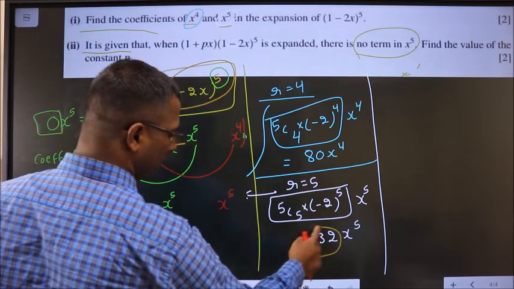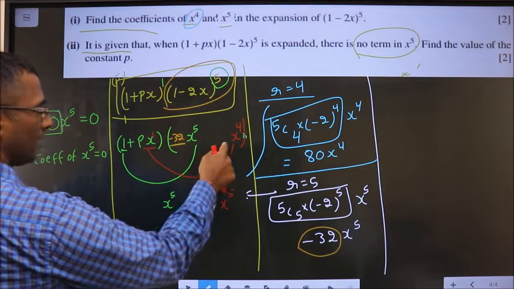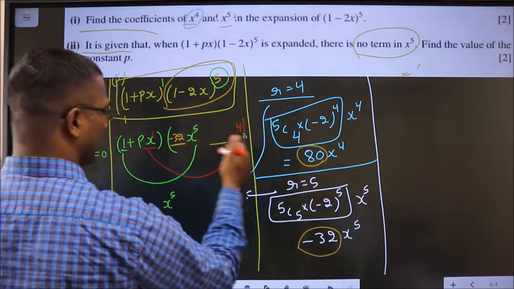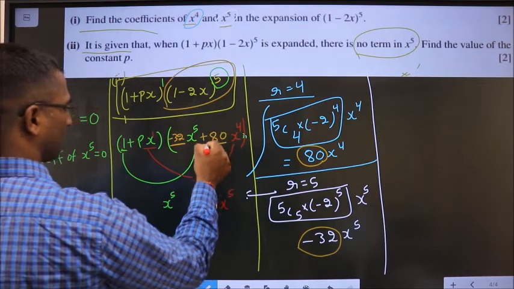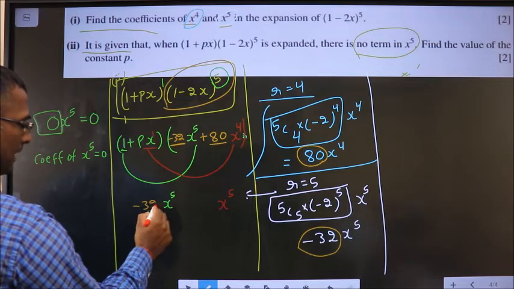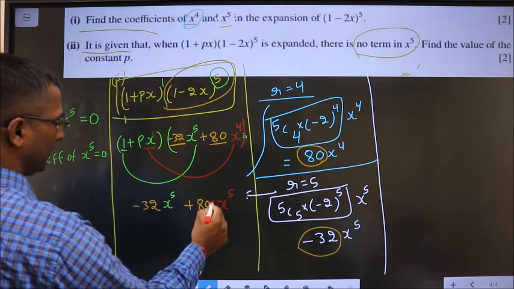In the first bit, I found the coefficient of x power 5 is minus 32. And the coefficient of x power 4, in the first bit, we got it to be 80. So now multiply. 1 times minus 32 will be minus 32. p times 80 will be 80p.